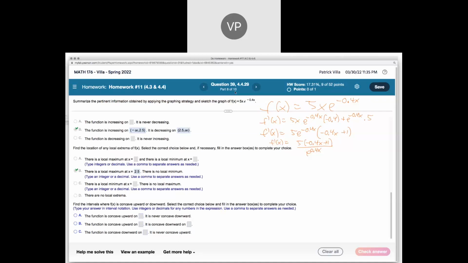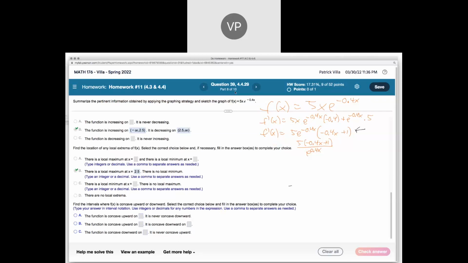They're asking now about concavity, so we have to find a second derivative. So you need to take the first derivative and basically get the derivative of that. Now, if you look at all the versions I have up on the screen, I believe this is going to be our best choice to find the derivative of it.